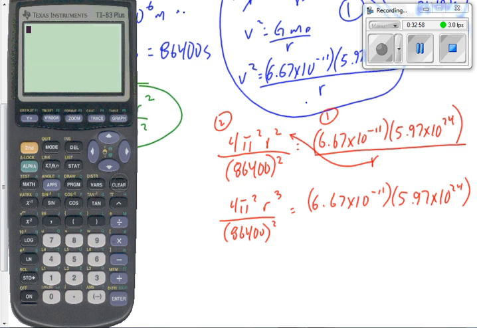Let's get the number on the right-hand side first, because that's the easy one. 6.67 times 10 to the minus 11 times 5.97 times 10 to the 24. Okay, that's the number on the right-hand side. Now let's multiply by 86,400 squared, which gets rid of the 86,400 on the bottom.